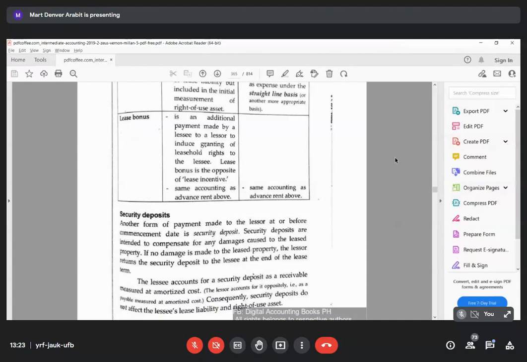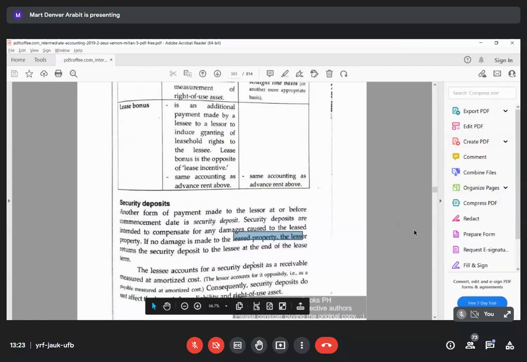So, security deposits are intended to compensate for any damages. So, this is conditional pa. Okay? So, makukuha mo siya if there's no damage caused to the leased property. If no damage is made to the leased property, then the lessor returns the security deposit to the lessee at the end of the lease term.